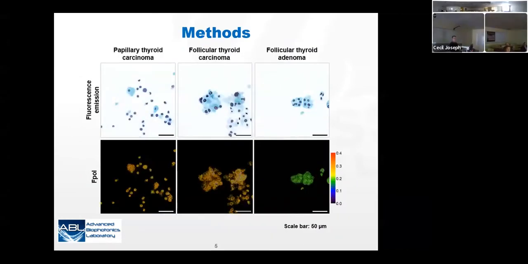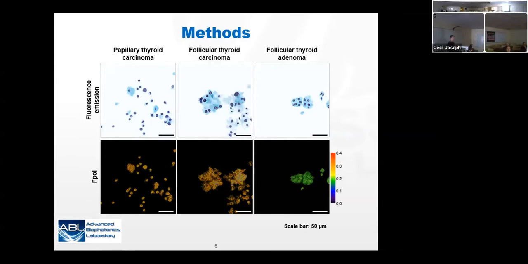So for this particular study, we conducted multimodal confocal fluorescence emission and polarization imaging of thyroid cells obtained from pathologically diverse clinical specimens. Here you can see some representative images. In the top row, you can see the fluorescence emission images, which display cytomorphological features of the cells. For example, you can use them to analyze the nuclear size and shape.